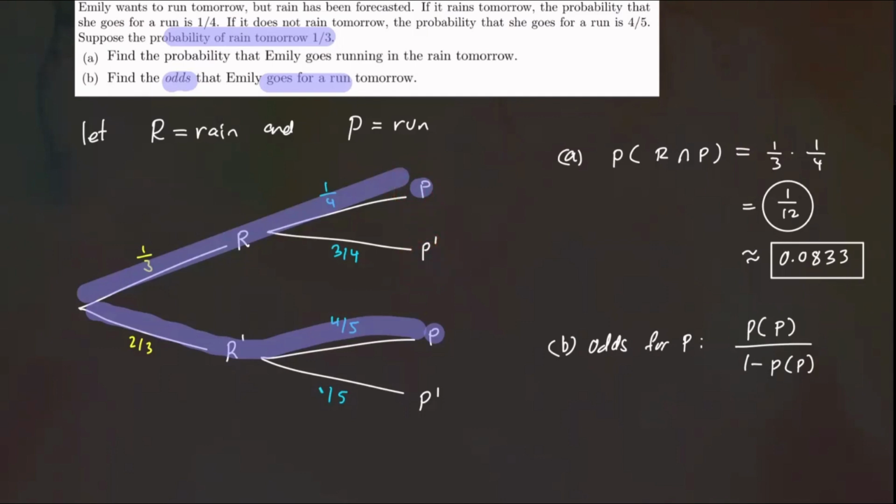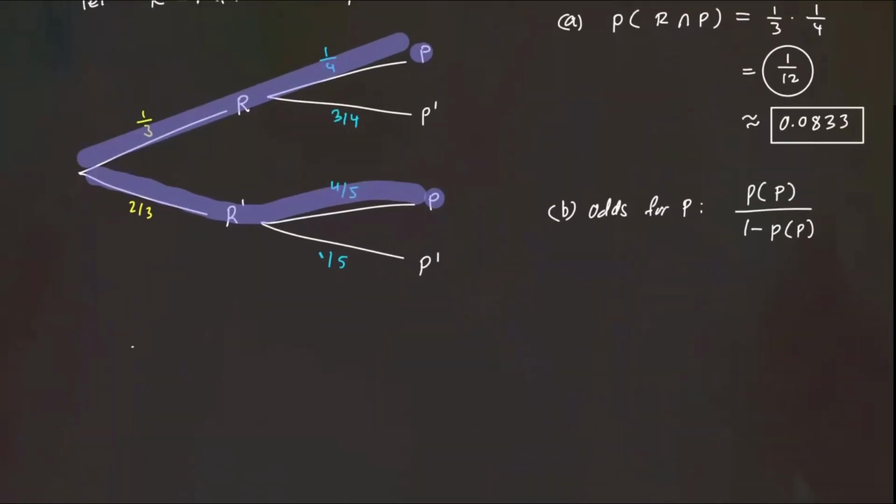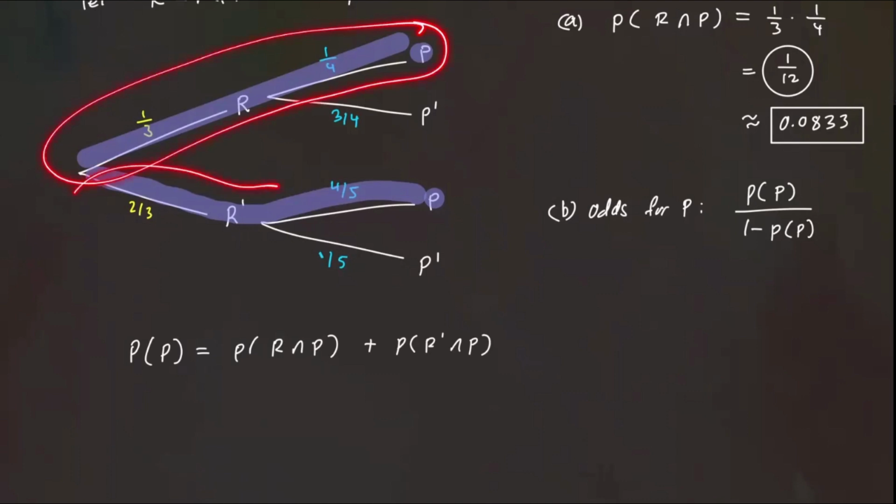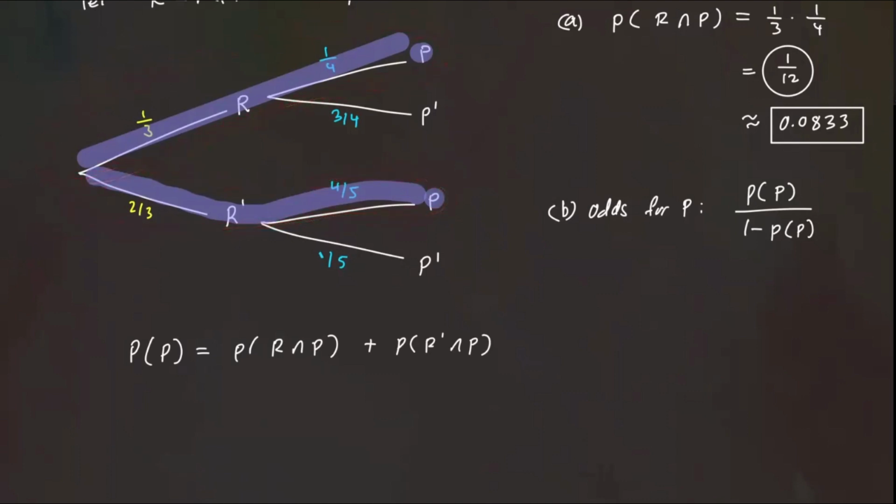But that's what we're looking for, the odds. So first I'm going to find the probability of run. That's going to be the first branch. That will be the probability of R and P plus the probability of not R and P. So looking at this branch plus this branch, that's branch 1 and 3.